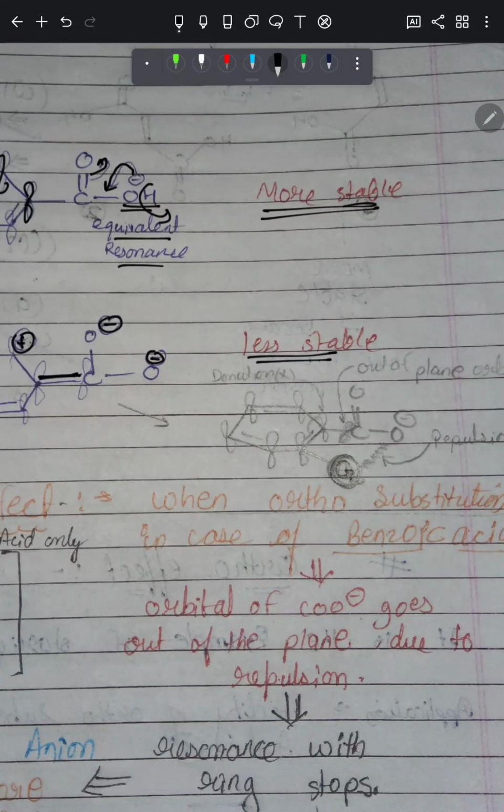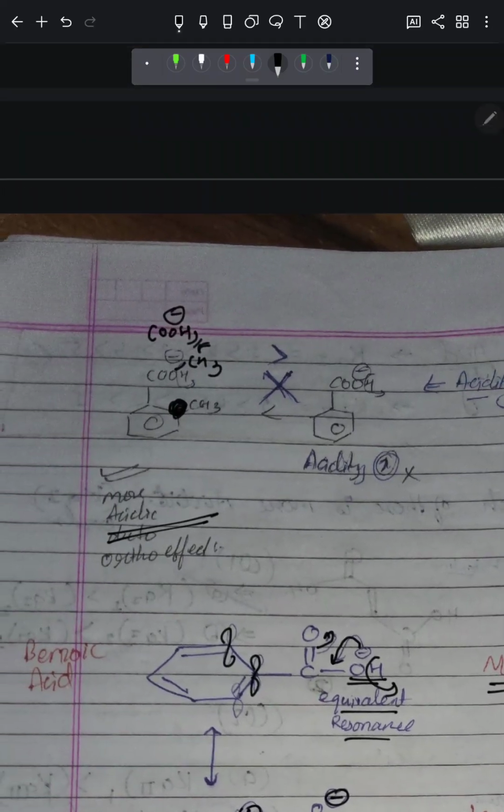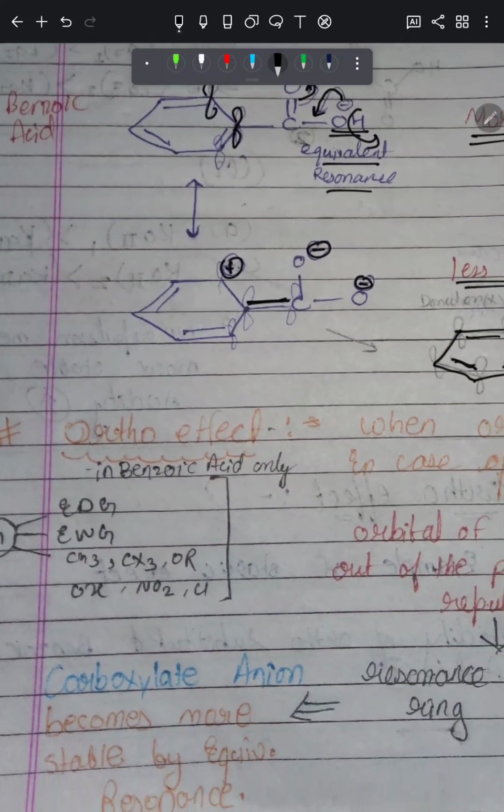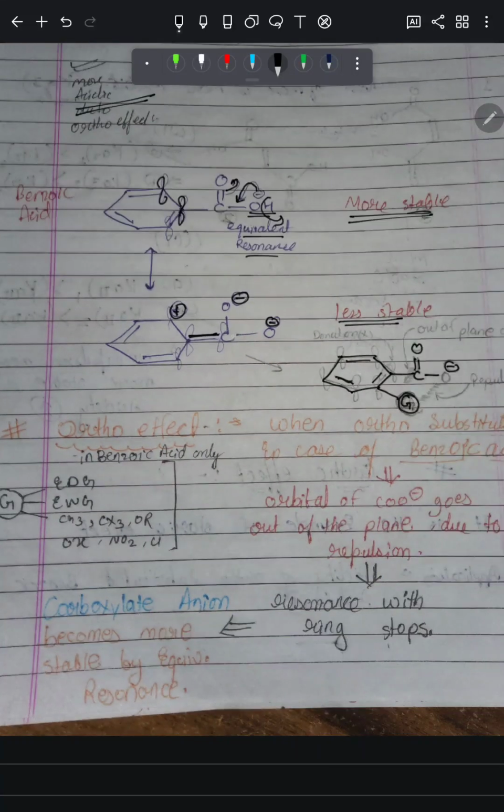When we put a bulky group or a heavy group in the ortho position of this ring, we see that for resonance to happen there is donation into an empty orbital.